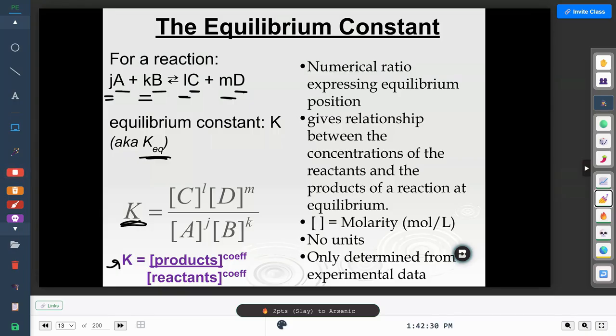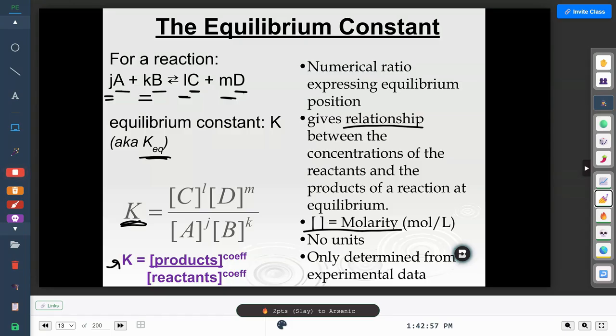That number just tells me where I am with regard to my equilibrium position. Am I to the right? Am I to the left? Am I product favored? Am I reactant favored? Remember that it's a relationship. That's what K basically is, telling me about my concentrations. I'm going to use molarity as my unit for concentration.